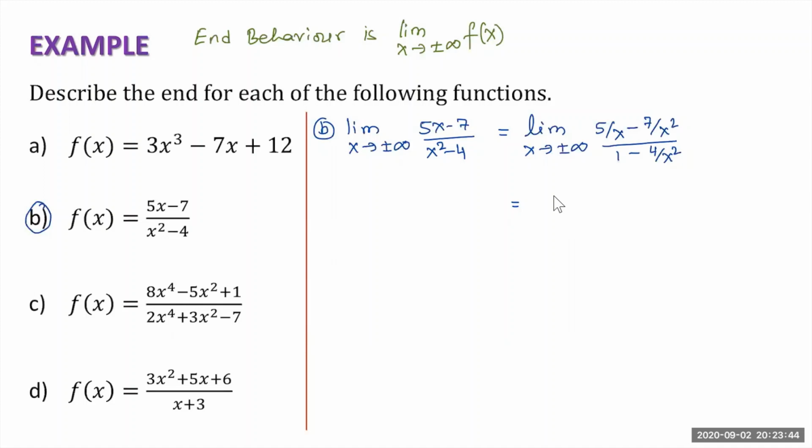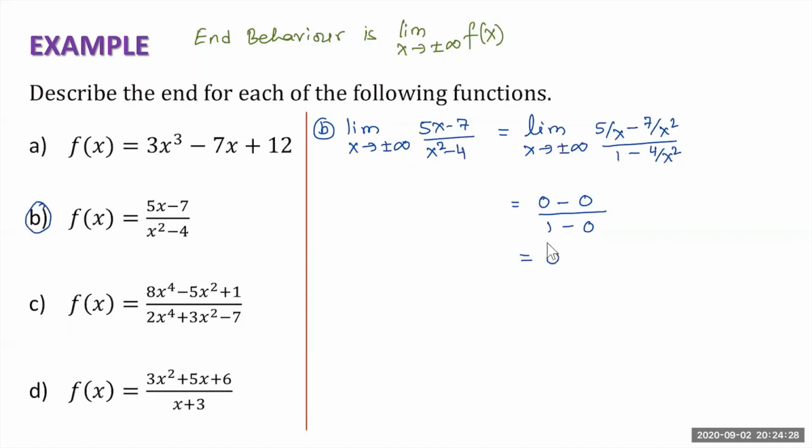So we get 0 divided by 1 minus 0, which is equal to 0 divided by 1, which is equal to 0. So the limit as x approaches plus or minus infinity of 5x minus 7 over x squared minus 4 is equal to 0.